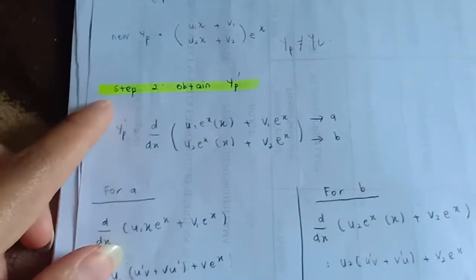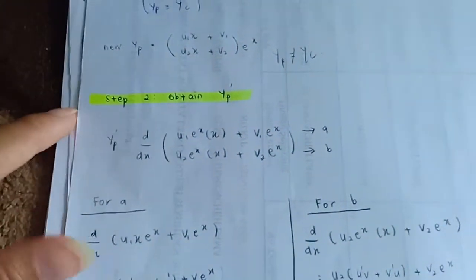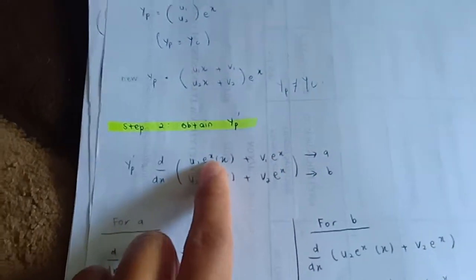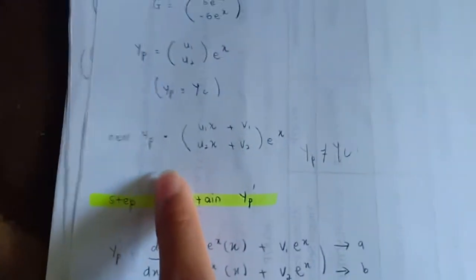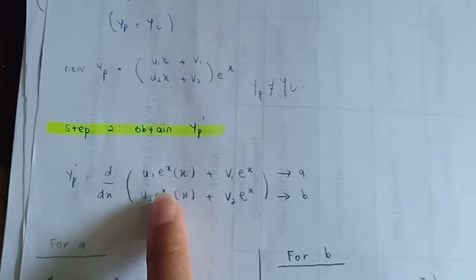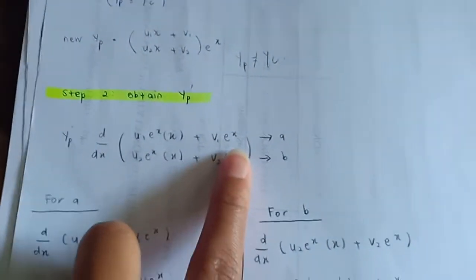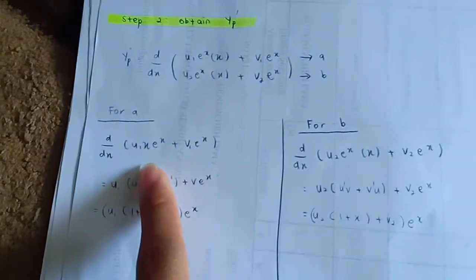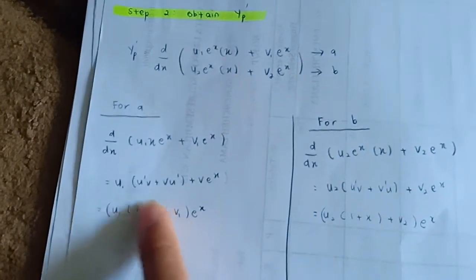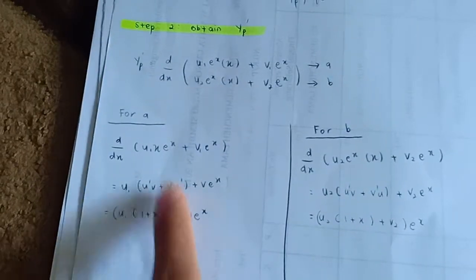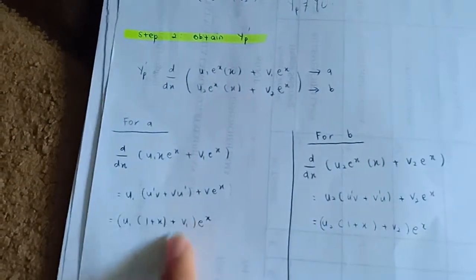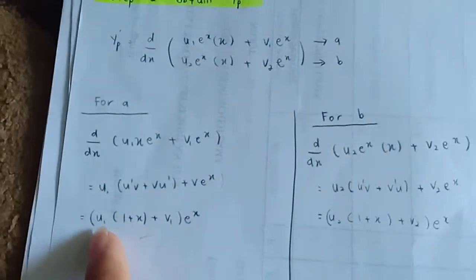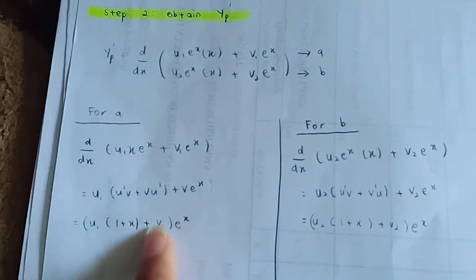We proceed to the second step, obtaining yp prime. We have to differentiate our yp. I divided it into two parts, A and B. For A, I do the product rule here and here, and I get (u1 (1 plus x) plus v1) e^x.